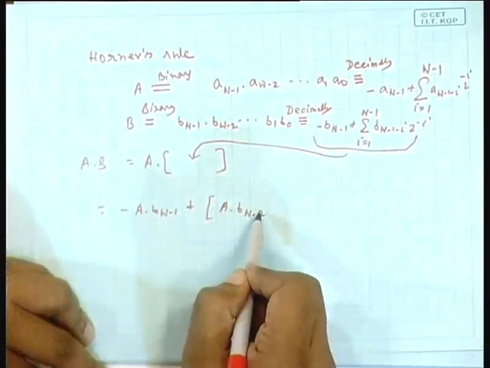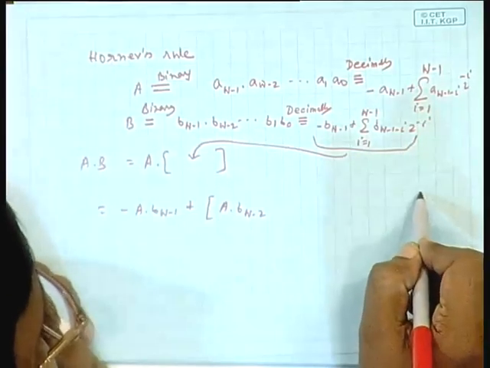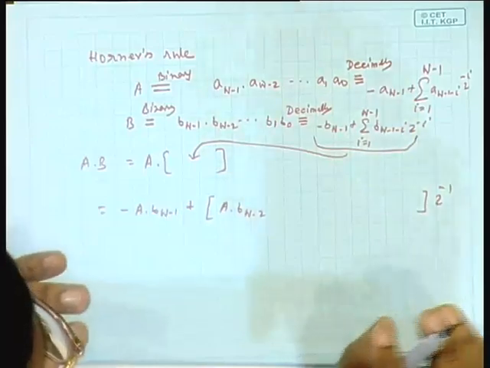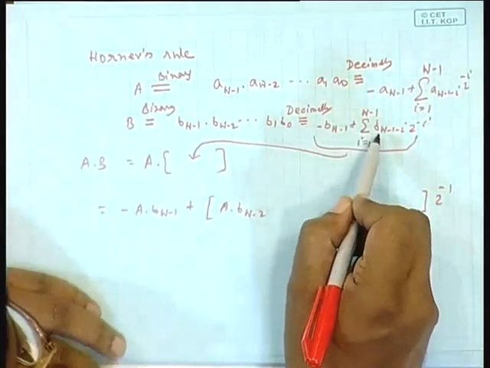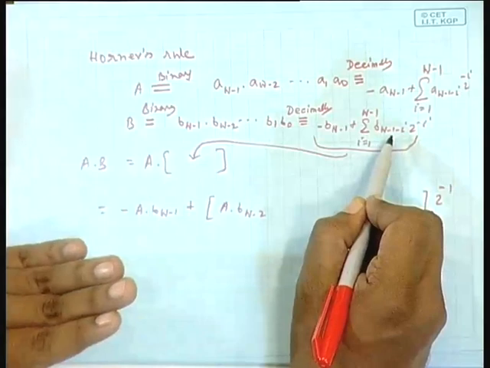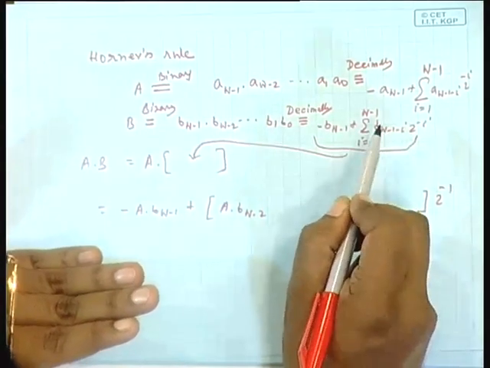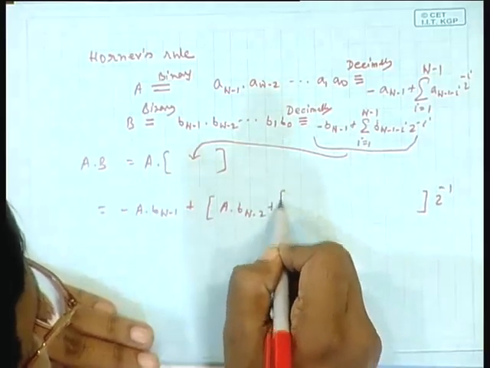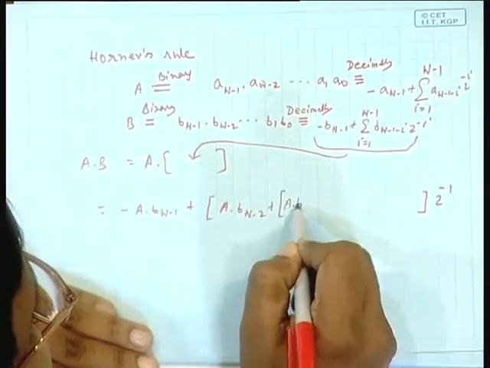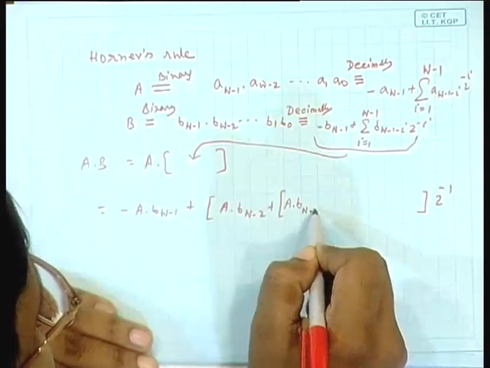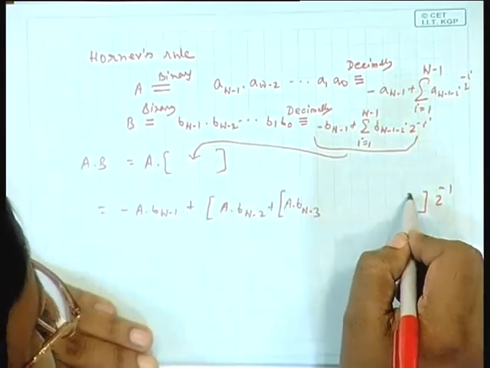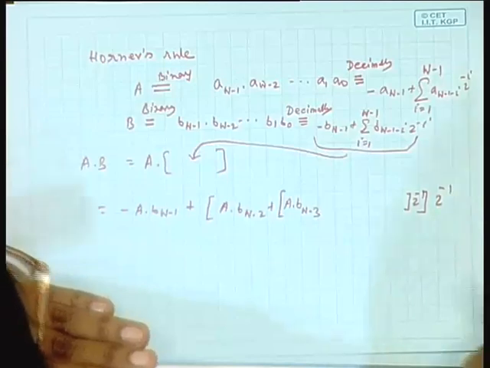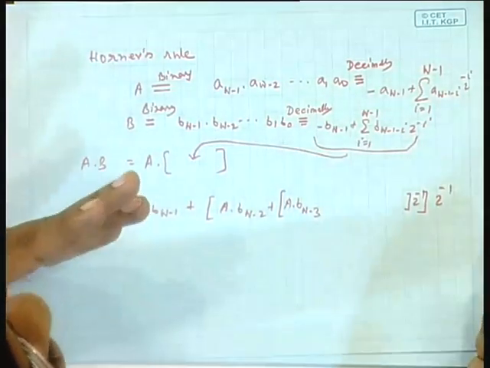A into b w minus 2, 2 to the power minus 1, I make a provision here. The next term is A into b w minus 3 into 2 to the power minus 2, out of which 2 to the power minus 1 is taken care of here. So I put another bracket, 2 to the power minus 1. Okay, very simple.